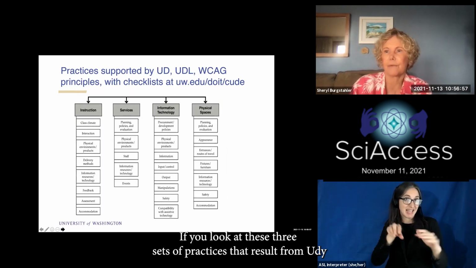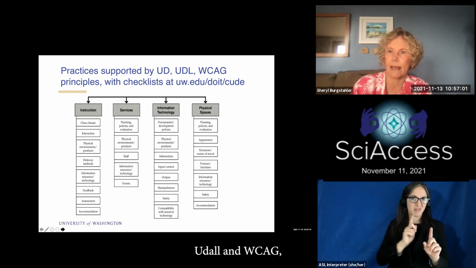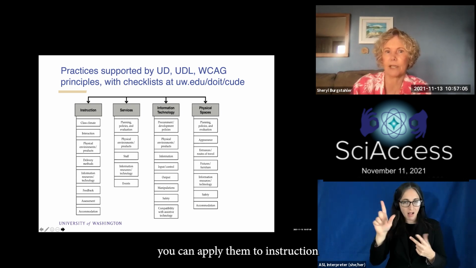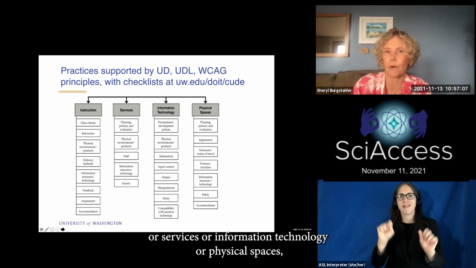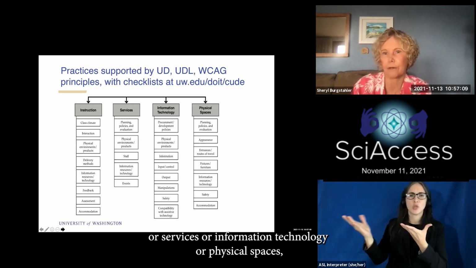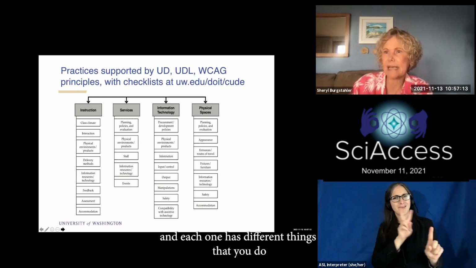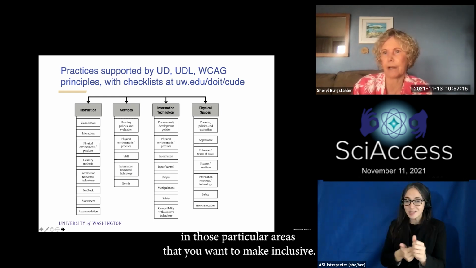If you look at these three sets of practices that result from UD, UDL, and WCAG, you can apply them to instruction or services or information technology or physical spaces. And each one has different things that you do in those particular areas that you want to make inclusive.